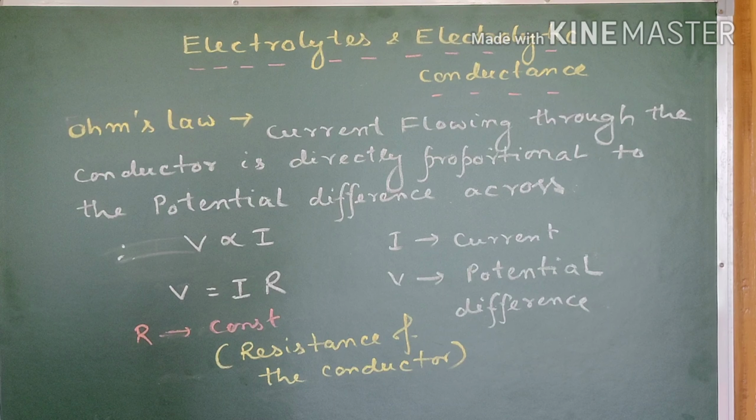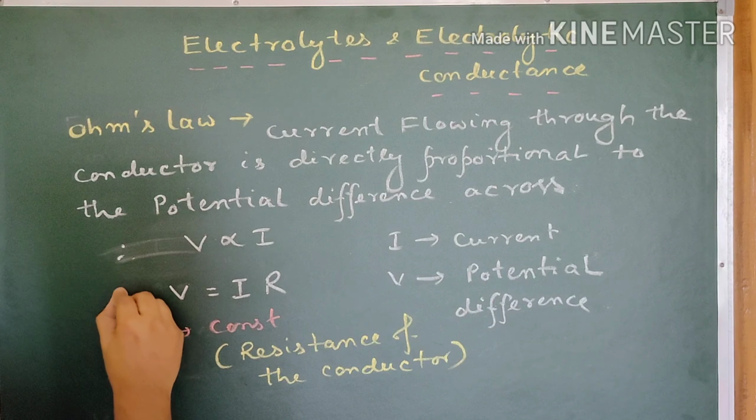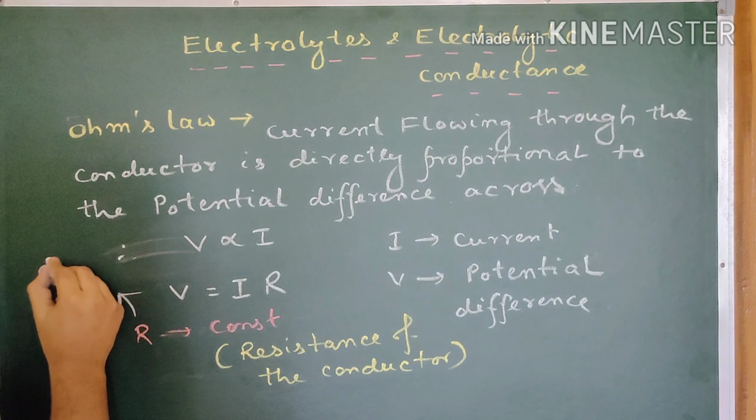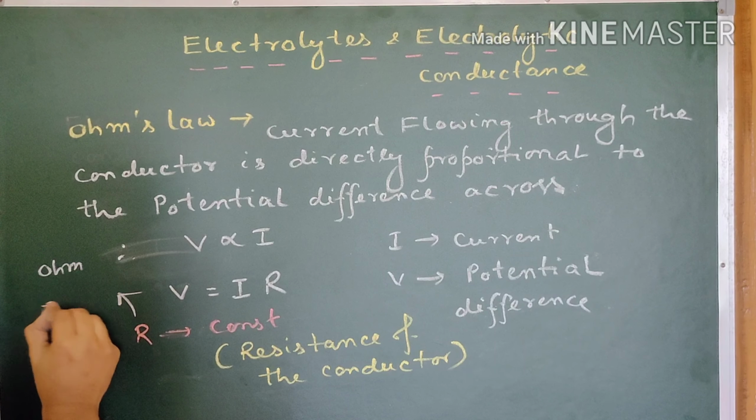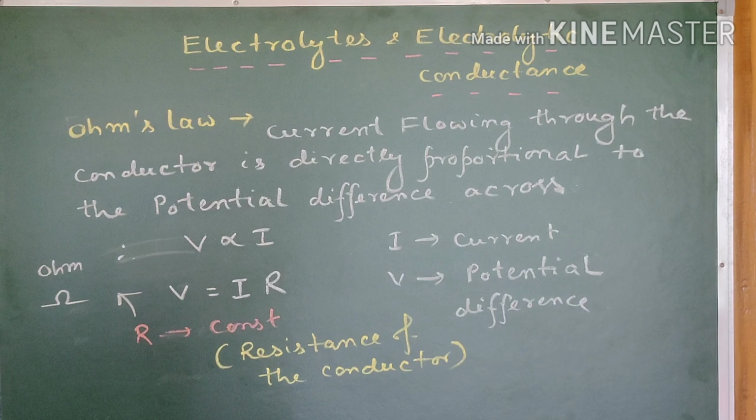Now, R is expressed in ohms and is represented by this symbol, and this is the symbol of R. Remember, it may be stated that the strength of current flowing through the conductor is directly proportional to the potential difference.